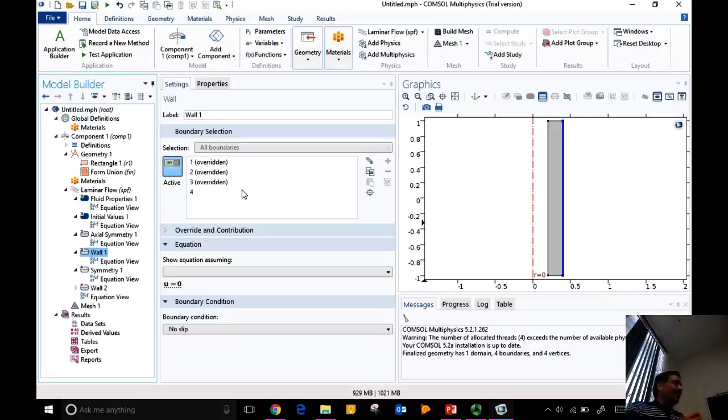But if omega 1 is much, much larger than omega 2, then what happens? It will be like the one we are solving right now, because what we're solving is omega 2 is 0 and omega 1 is very high.